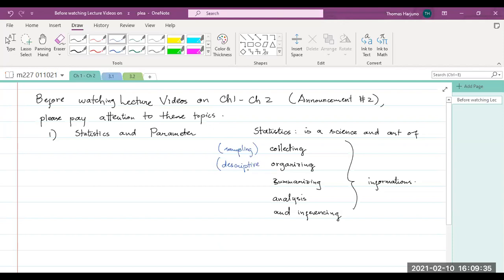Statistic, together with summarizing. So these two parts here are descriptive, now analyzing and inferencing. That's the later part that we do after we talk about probability. Now what is inferencing? Inferencing is basically making decision.